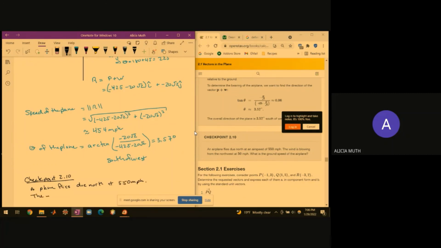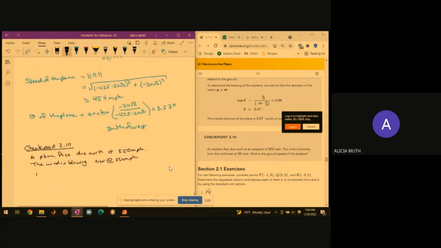The wind is blowing northwest at 50 miles per hour. What is the ground speed of the plane? So find the speed of the plane. All right, so give that a shot before you move on to the next section.